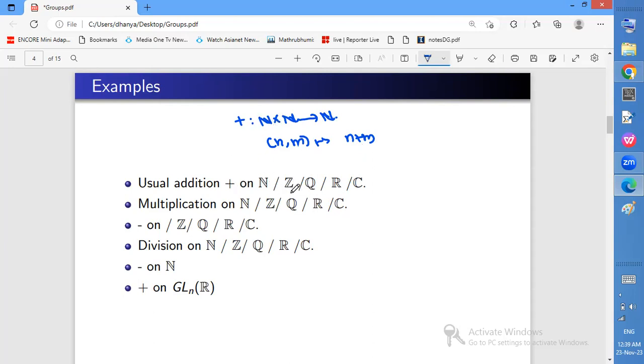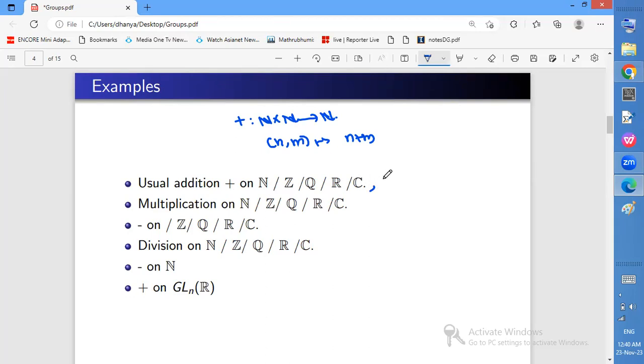By a similar argument, we can see that addition is a binary operation on the set of integers, rationals, reals, and complex numbers. Because if you take two complex numbers, their sum will also be a complex number. So addition is a function from C cross C to C.